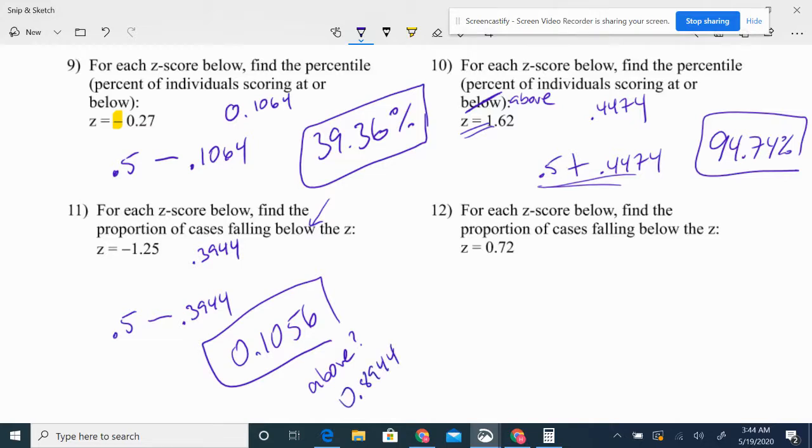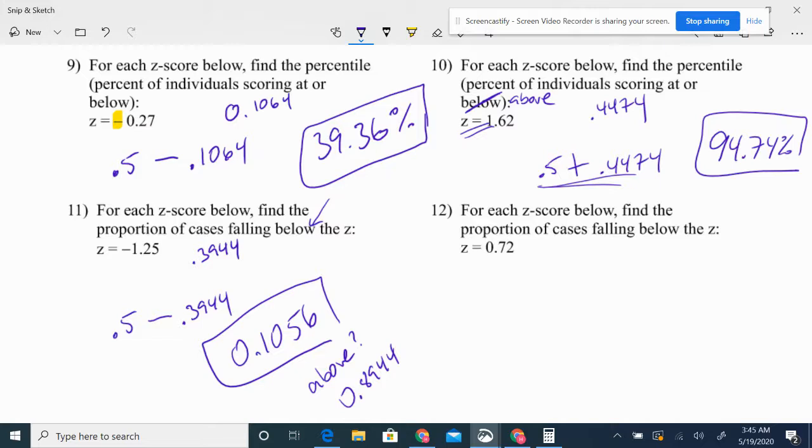So if I ask you how much is above, you just go 1 minus. Remember, 100% is written as a 1. So 1 minus 0.1056 is what's going to give me how much is above. But because it says below, I just stop at 0.1056.